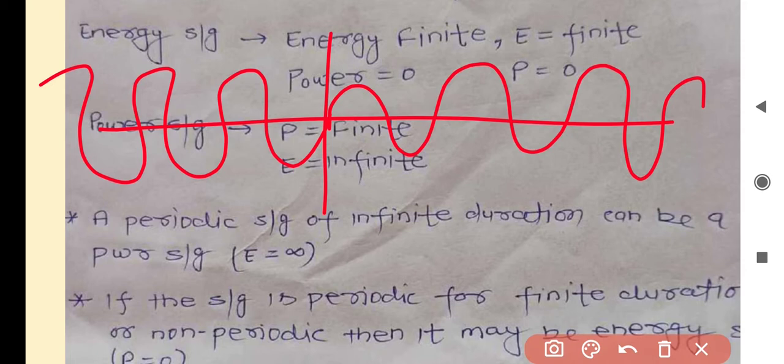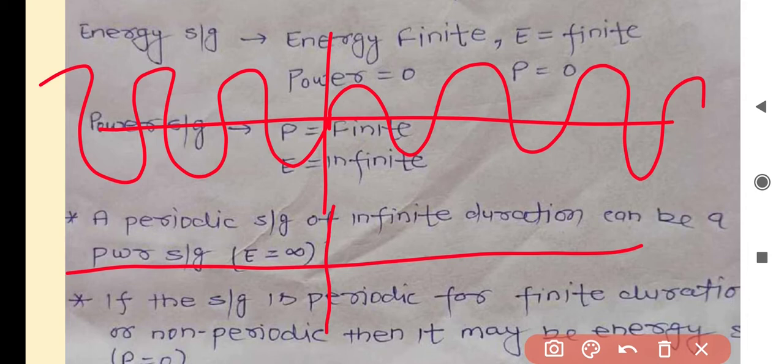If we calculate the energy of this signal, first we take the square of this signal, and after squaring, the negative part of the signal becomes positive like this. When we integrate this signal from minus infinity to plus infinity, it will always give an infinite value.